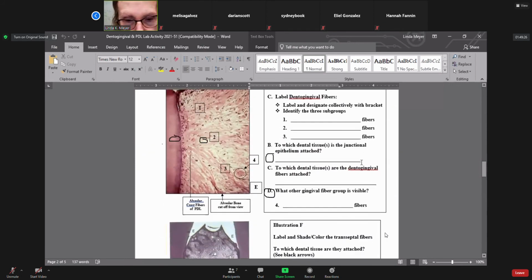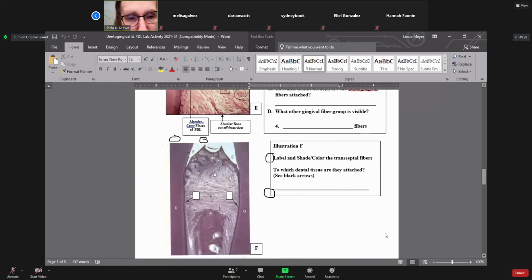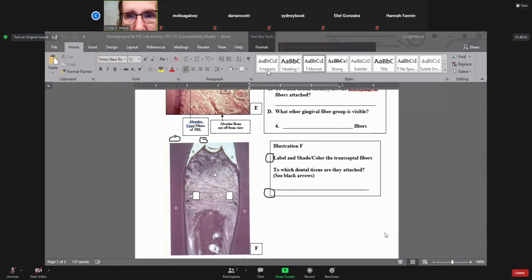Okay. So picture F is just showing you that here's one tooth right here. Here's another tooth. Here's your interdental septum, your bone in between the teeth. And the dark purple is the cementum on the root, and it goes all the way down here, of course.